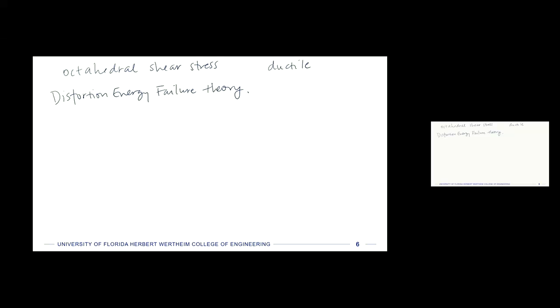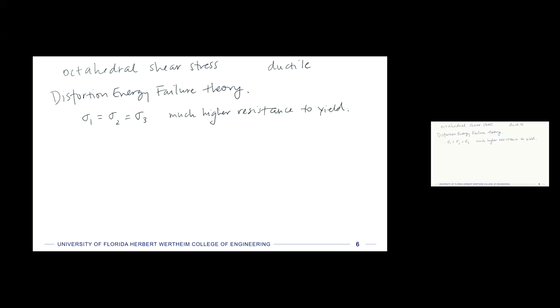So a hydrostatic stress means that all the stresses are equal magnitude. All right. So they can be tensile or compressive, but if there is a hydrostatic stress state like this, it showed much higher, I guess, resistance to yield than expected.